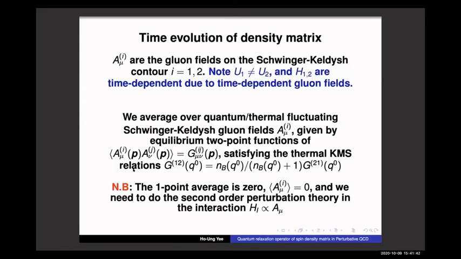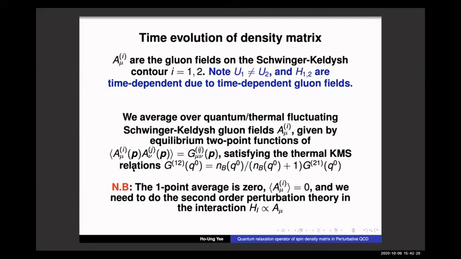So essentially the effect of the background quark-gluon plasma is included in these 2-point functions of the gauge field fluctuations, these gluonic field fluctuations, which we denote as G here. We are assuming that this background is in thermal equilibrium, so that this correlation function should satisfy the KMS condition given by this formula here.